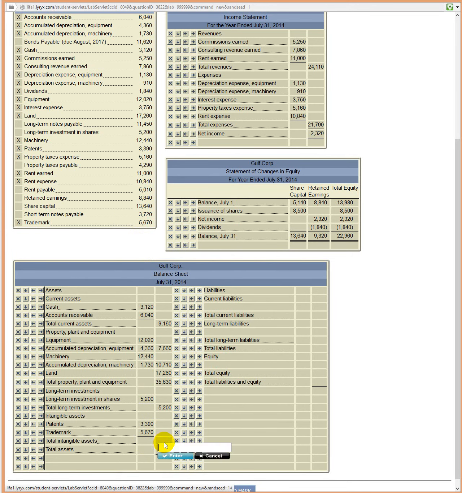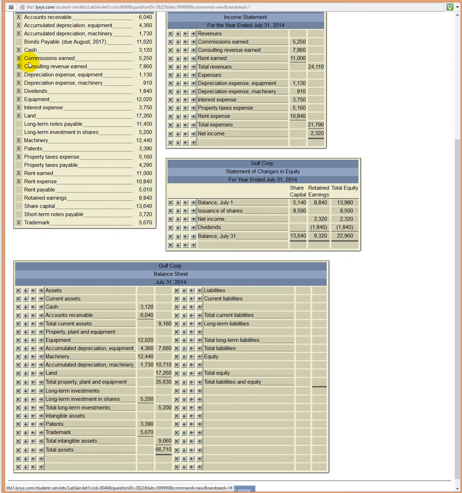So that means our total intangible assets are the total of those two. And we can get a total asset number now. $35,630 for the property, plant, and equipment, plus 5,200 for investments, plus 9060 for the total intangible assets.